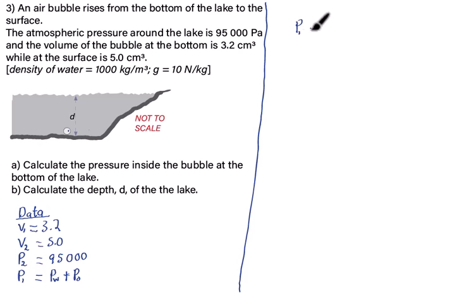P1 V1 is equal to P2 V2, right? So P1 times V1, which is 3.2, is equal to P2, which is 95,000, times V2, which is 5.